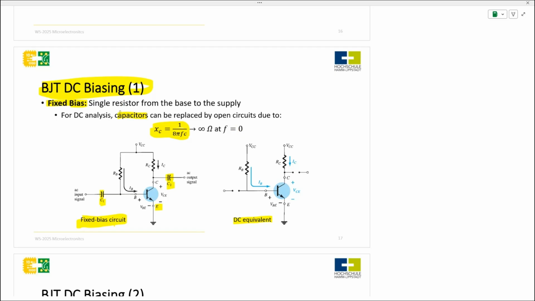Since we are in a DC analysis, our frequency is 0, and by definition our IC, yeah, it has a name. I don't remember it, but we can find it later. And that's why we put our capacitors here as an open circuit, and we can do our analysis.